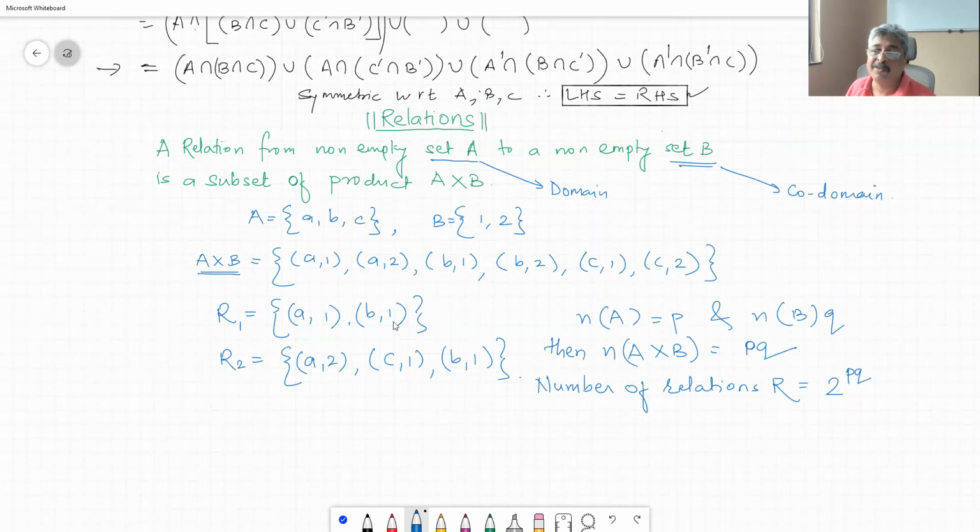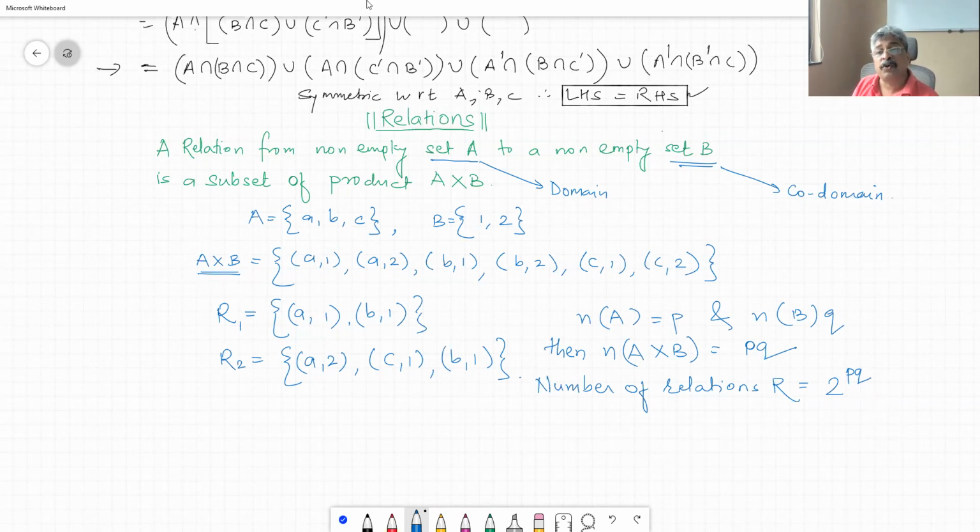I mean, you can create how many subsets of this set A cross B. It is like power set. Power set is the set of all possible subsets of A cross B. So how many elements in the power set of A cross B? 2 raised to PQ.